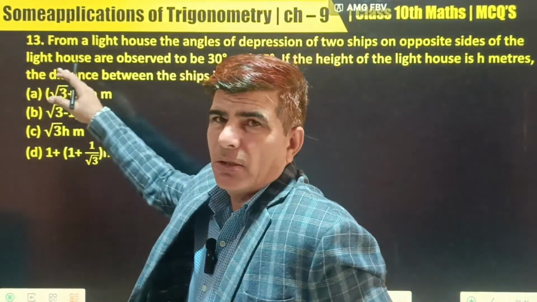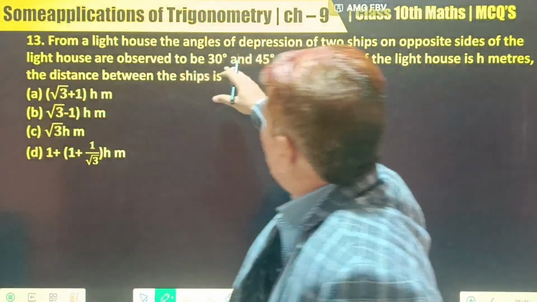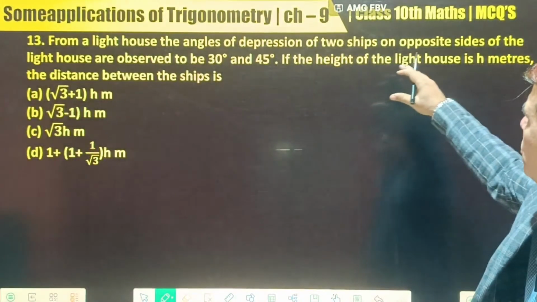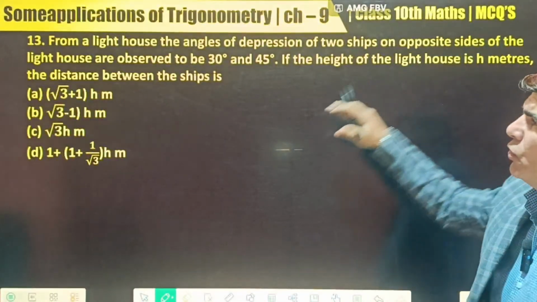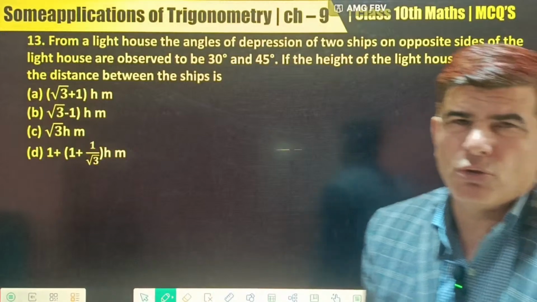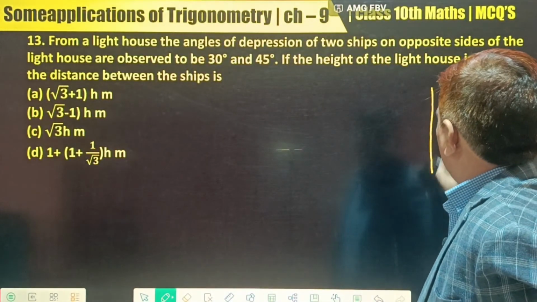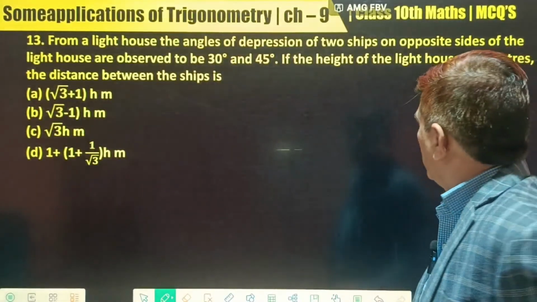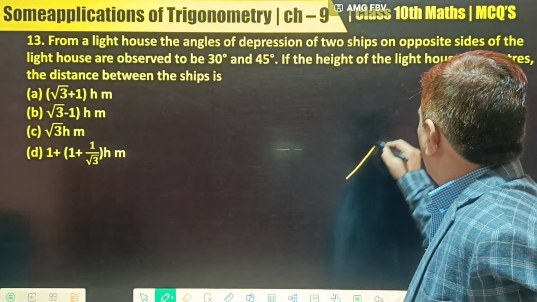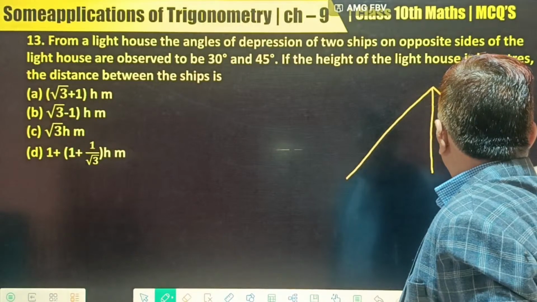So here, look: from a lighthouse, the angle of depression of two ships on opposite sides of the lighthouse. So you can say this is a lighthouse. Understood? Two ships, one ship is here and the other ship is here.